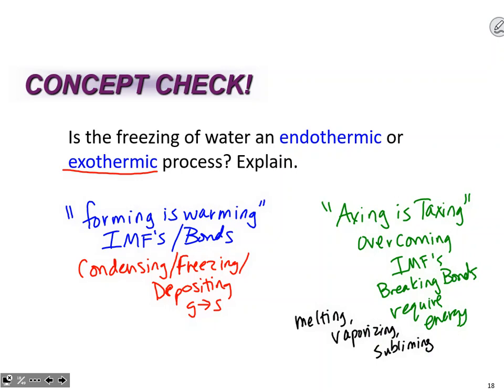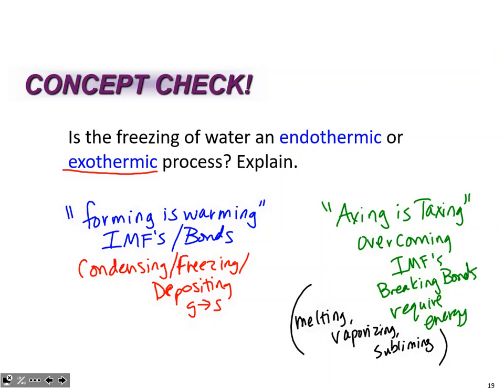These are all going to be endothermic. That's a little bit different for chemical reactions. We'll talk about those in more detail next set of notes, because there's an overall net that has to happen in a chemical reaction. But remember these concepts, which will help you with the phase changes, thinking about the energy.